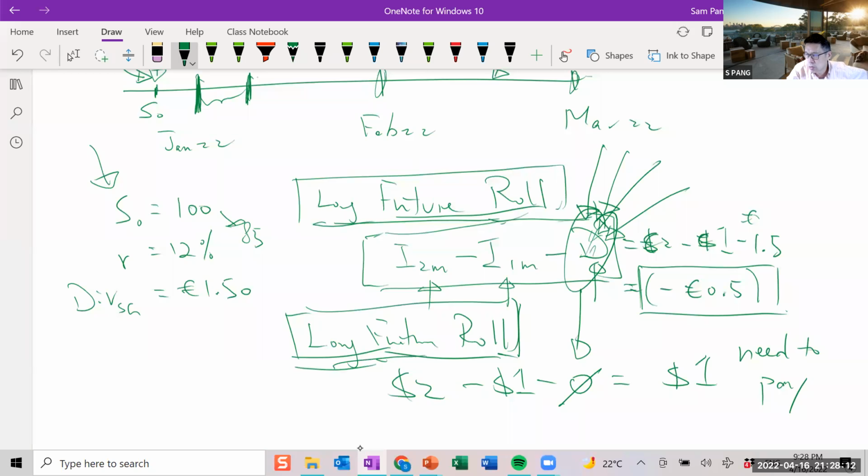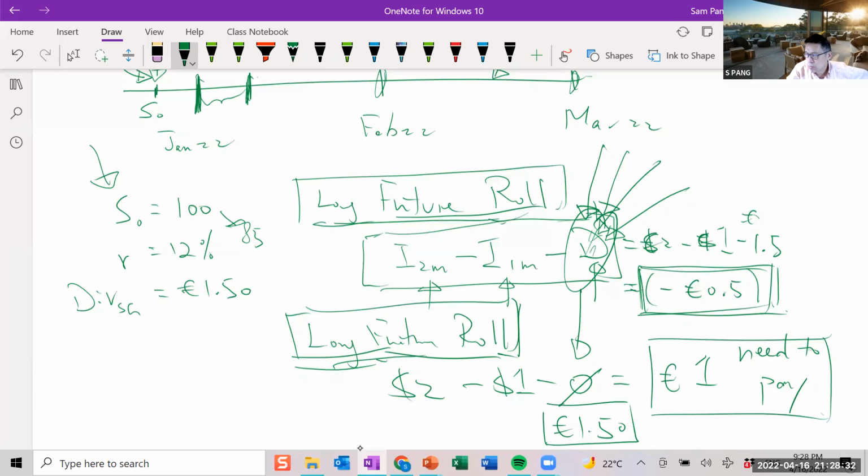This one should be 0, which means if you're long the futures roll, we should not be paying these guys. You will be making exactly, not dollar, I apologize, €1. So they have made €1.50 of arbitrage profit because of that mispricing, which went on for over a week.